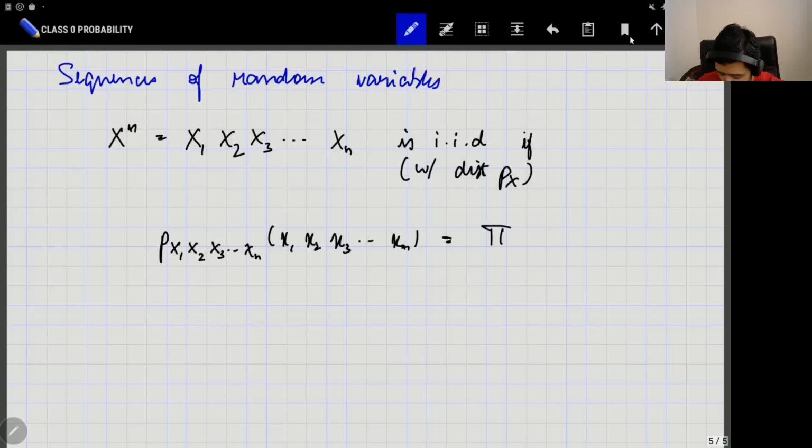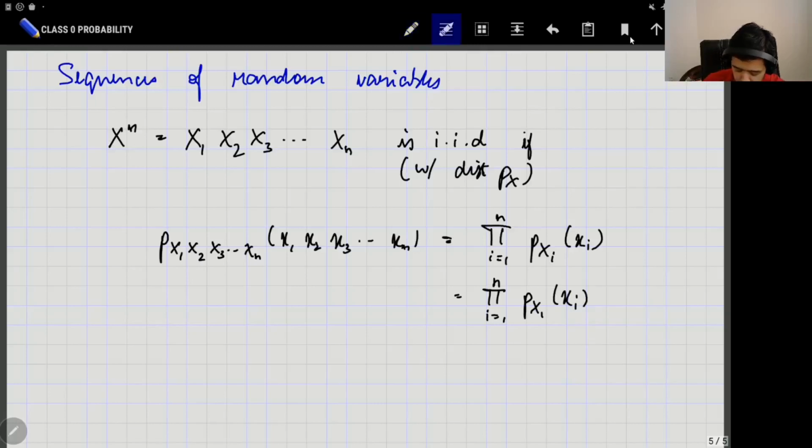So they're all independent. So this is equal to the product, i going from 1 through n, of PXi of xi, but then they're also identically distributed. So this is the product, i going from 1 through n, of PX1 of xi. So we assume that the distribution is PX, so it's PX of xi, right?